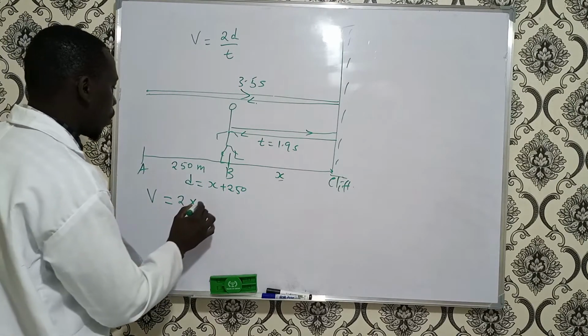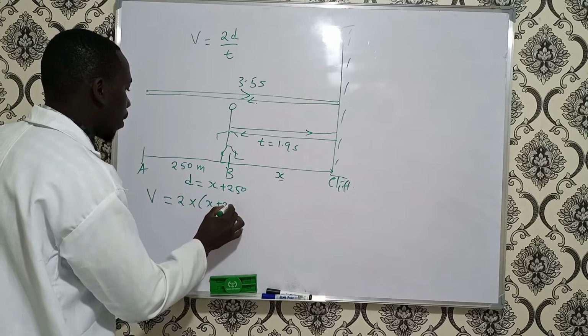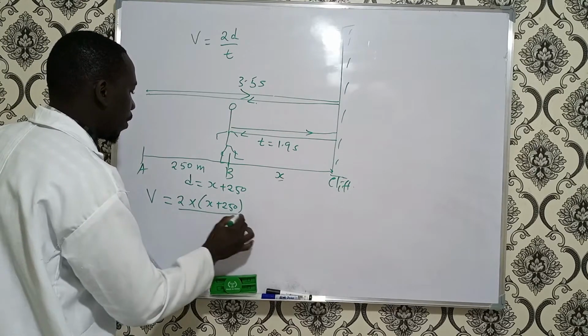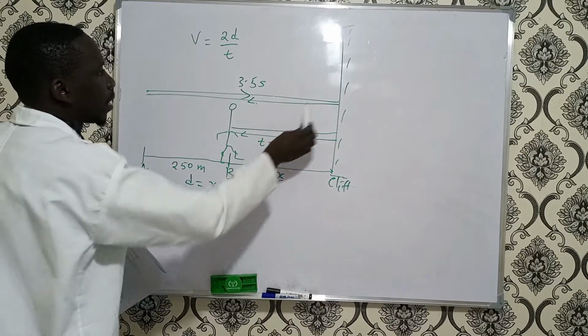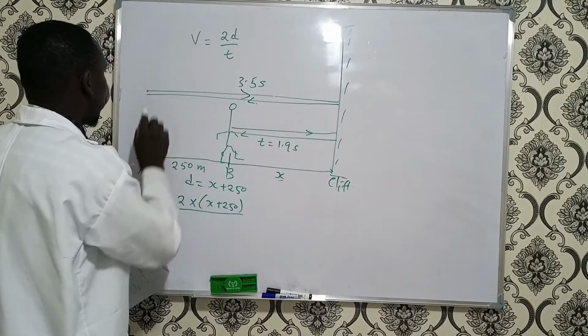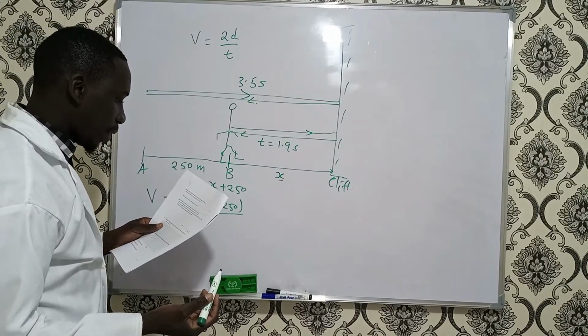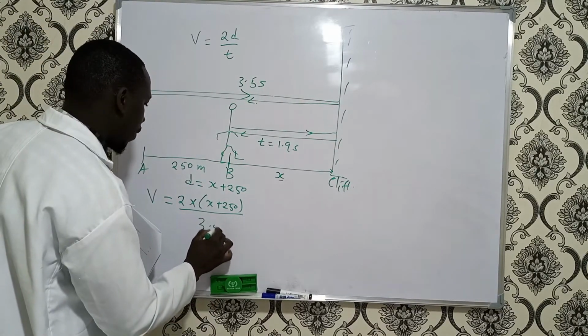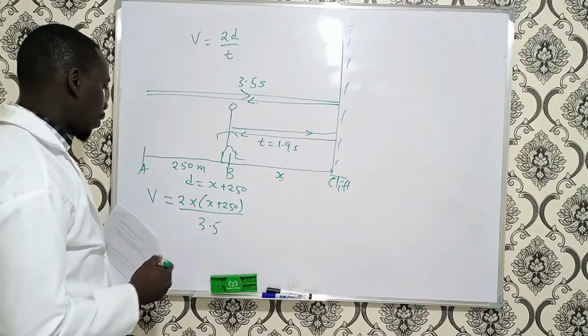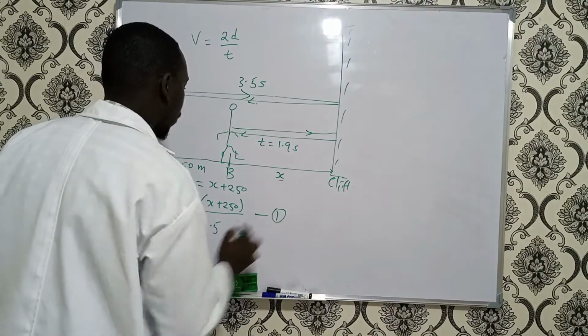Therefore v is equal to 2 into x plus 250, divided by the time taken. The time taken for the sound to travel from point A, then back, that is 3.5 seconds. So we divide this by 3.5 seconds. Now this is equation 1.